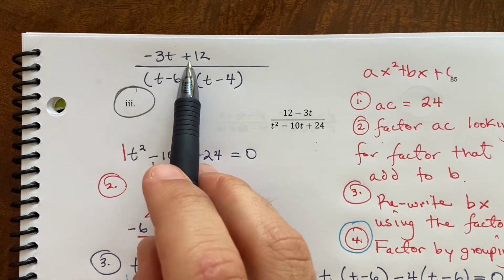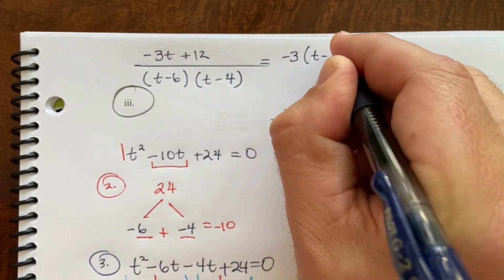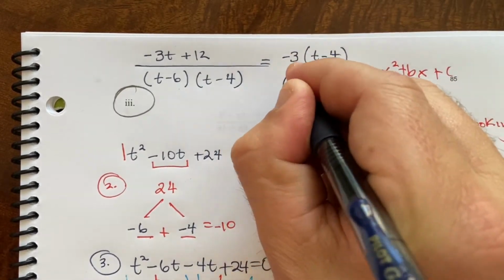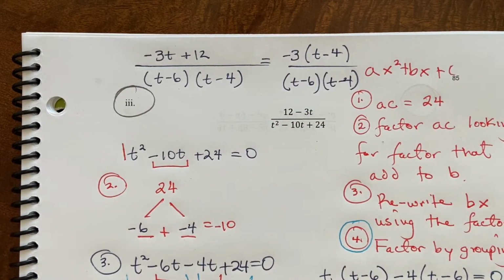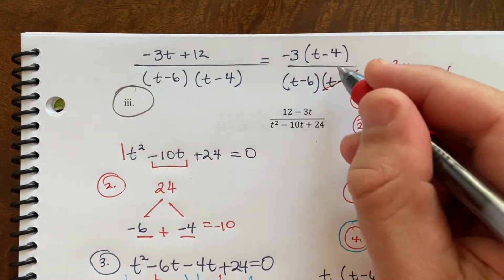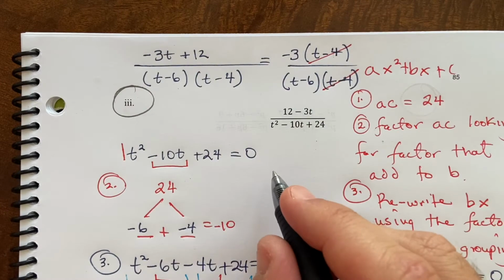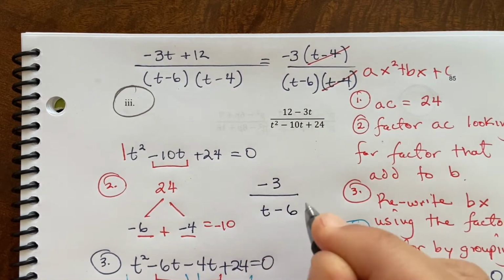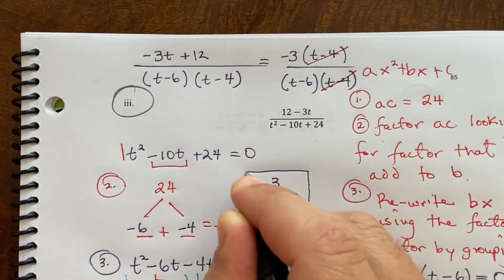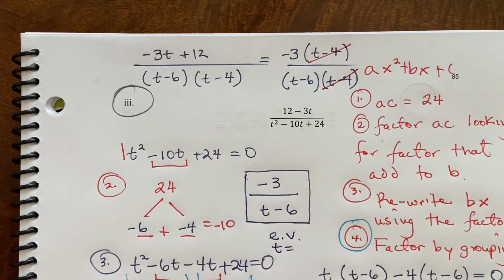Negative 3t plus 12 factors as negative 3 times t minus 4, over t minus 6 times t minus 4. Now that I have those in factored form, I cancel these commonalities. So what we're left with in the end is negative 3 over t minus 6. This is what it simplifies to, and its excluded values are t equals 6, 4.